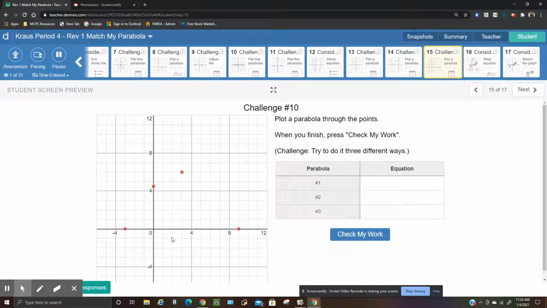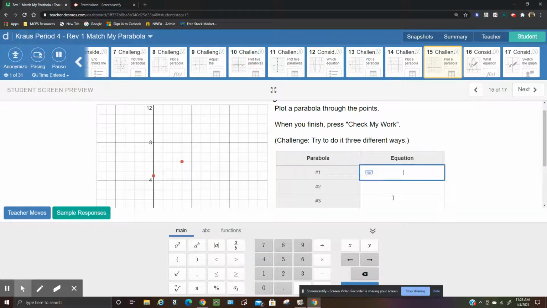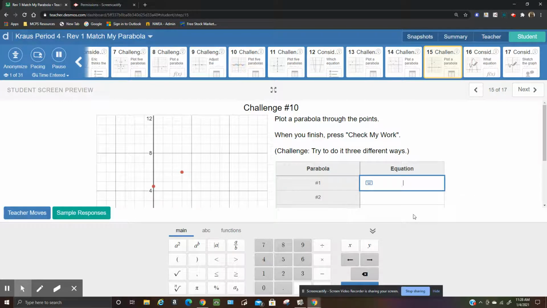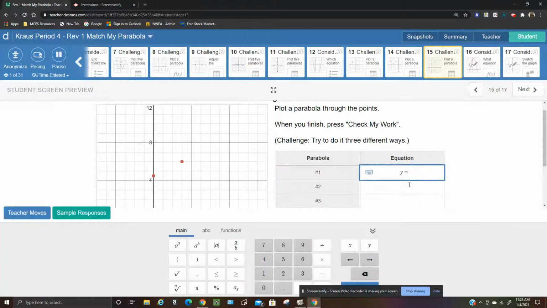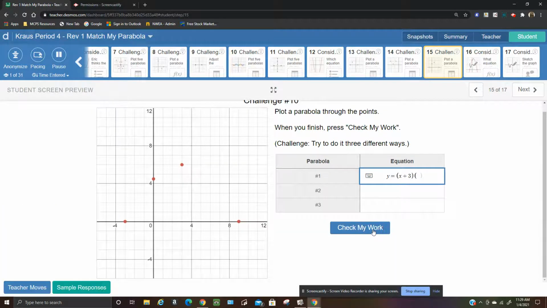Try to do this 3 different ways. So the first way I would do would be y equals, this is -3, so x plus 3, and x minus 8.